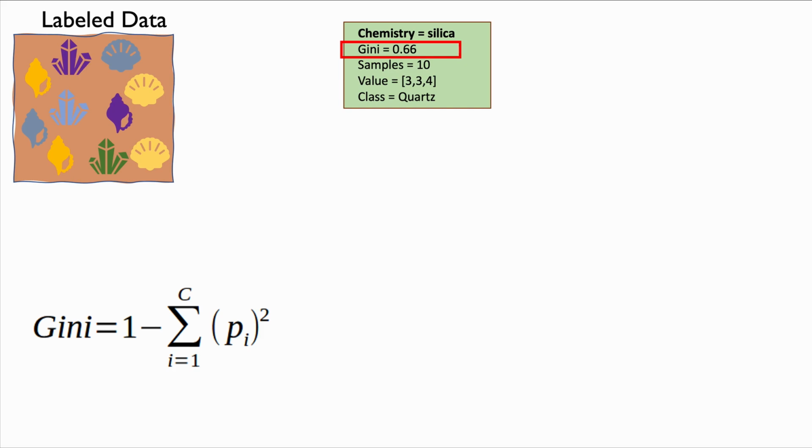Why is Gini 0.66 here? So we have 10 samples, and the values of those samples are 3 because we have 3 quartz crystals, 3 because we have 3 bivalves, and 4 because we have 4 gastropods. So we can simply calculate the Gini now using this equation as 1 minus (3 over 10) squared minus (3 over 10) squared minus (4 over 10) squared, which is equal to 0.66.